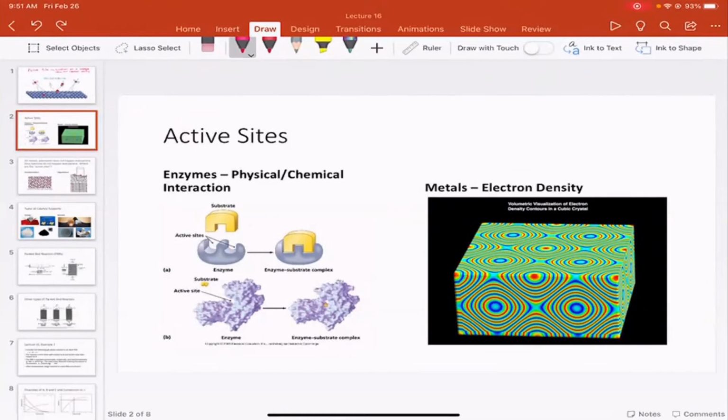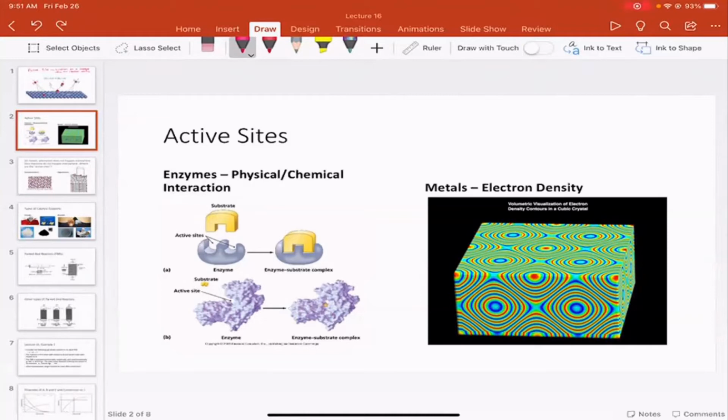Metals are a little bit different because, especially on large extended surfaces, it's more about the electron density, the electronic structure, not the physical structure, that gives a specific site its reactivity.